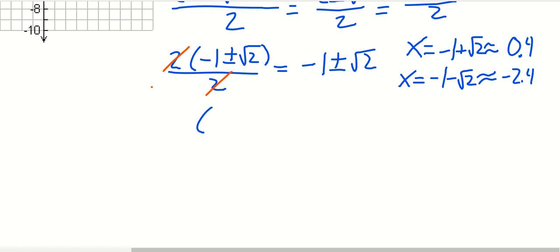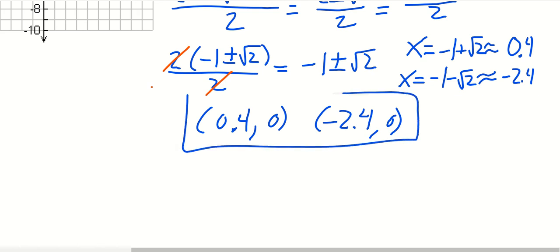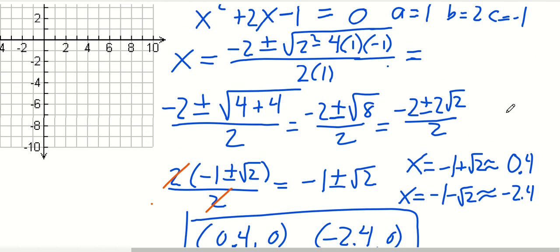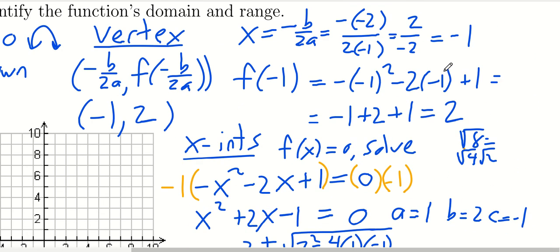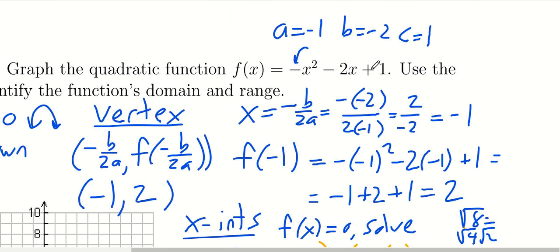So we do have our x-intercepts. Let me just label them. They are 0.4, 0, and -2.4, 0. So those are x-intercepts. We now want to find the y-intercept. To find the y-intercept, we just evaluate the function at 0.